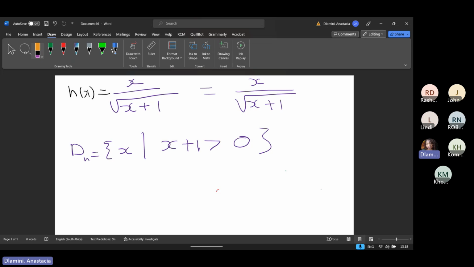Does it make sense now? Yes. You look at the whole equation and then you start solving. So x should be greater than what? Greater than -1.